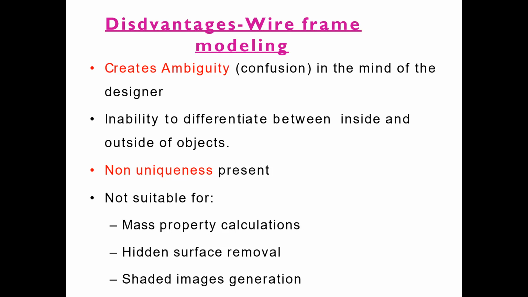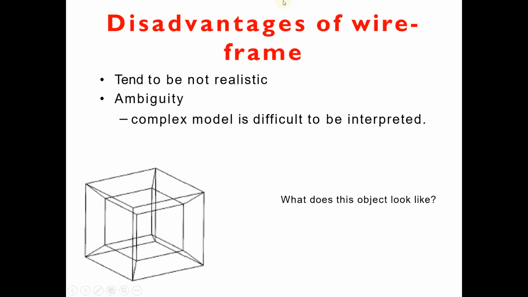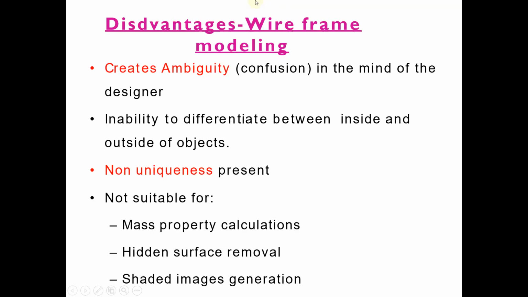Non-uniqueness means it is very difficult to identify which portion represents which area, and all areas look exactly similar. Similar means it is non-unique, it is not differentiable, so that is why it is known as non-uniqueness.